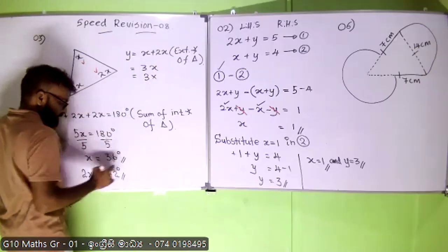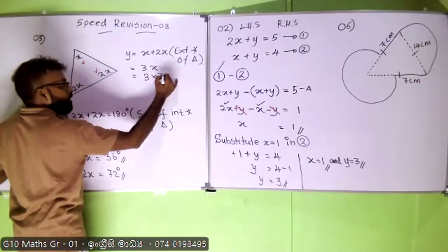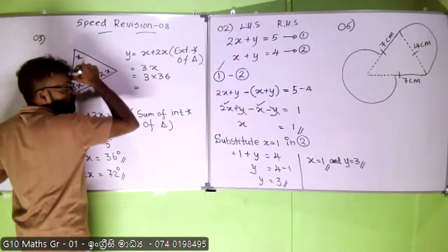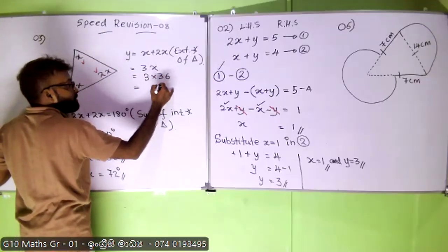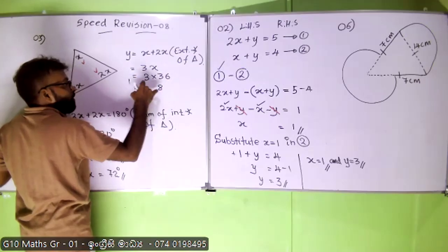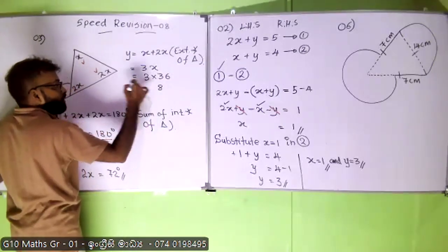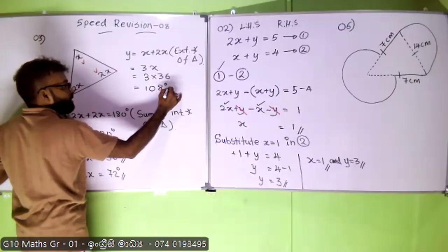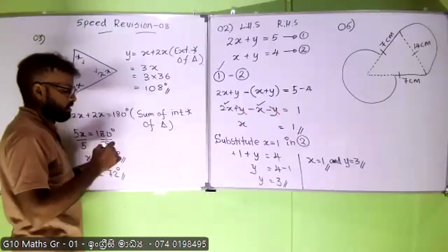So you know what x is, 36. Multiply it by 3: 3 times 6, 18; 3 times 3, 9, plus 1, 108. So y is 108.